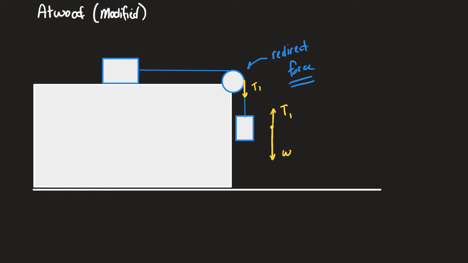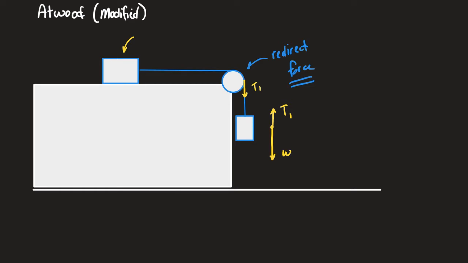It is a part of my system, and I do have to keep it in mind and consider it, because it's acting within the realm of how it influences other objects in the system. Although I've covered all the forces acting on the block that's hanging, the fact that it's hanging causes tension in the cable, and because of that, the tension in the cable is going to influence what's happening to this block.